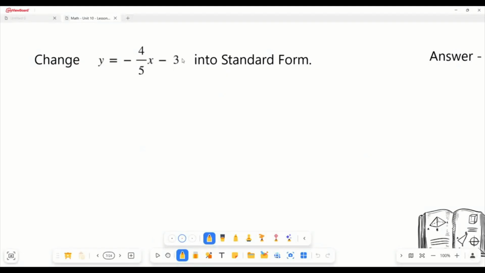Okay? Y equals -4/5 x minus 3 into standard form. This one is in slope-intercept, mx plus b. We want standard form, ax plus by equals c.